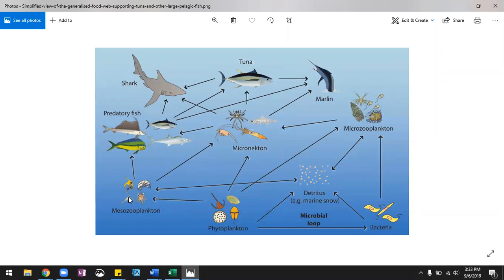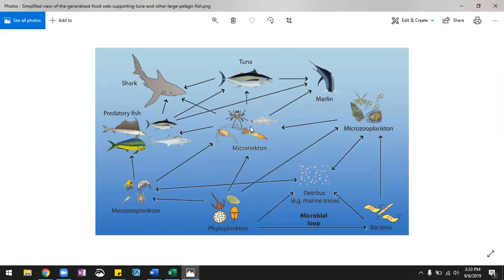We have different types of organisms that eat it. We have predatory fish that eat it. We also have micronekton, which is another type of plankton, a living type of plankton. There's zooplankton and there's phytoplankton, but these are an animal plankton that eat zooplankton or mesozooplankton.